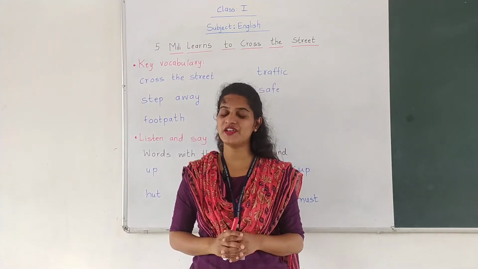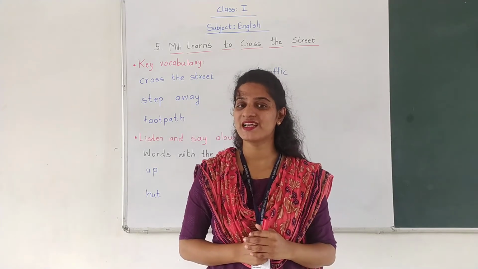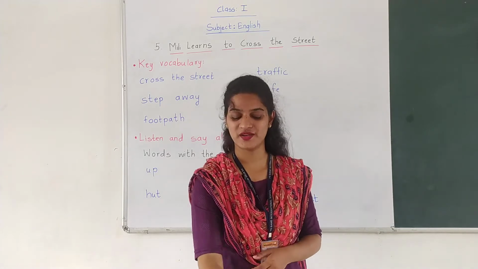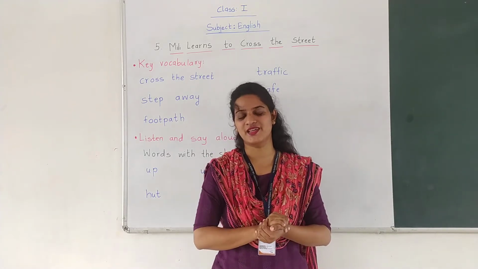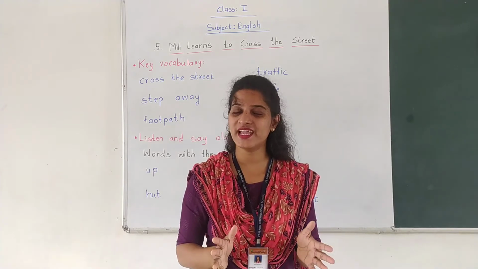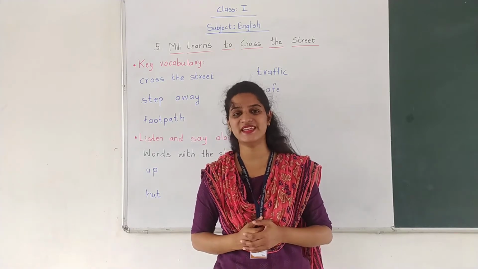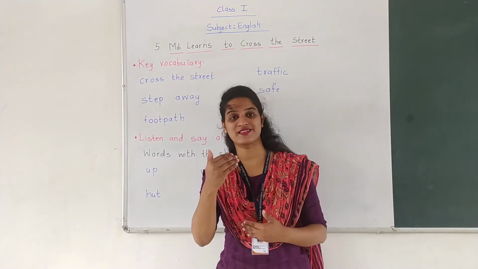Okay, my dear children. Now, what have we read about Millie's lesson? Okay. Now, once upon a time, there is a girl named Millie. Okay. And one day, her mother tells her daughter Millie that Millie, we should learn to cross the street.